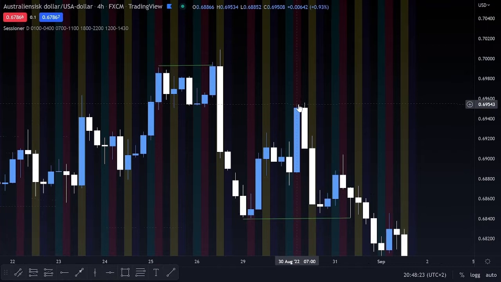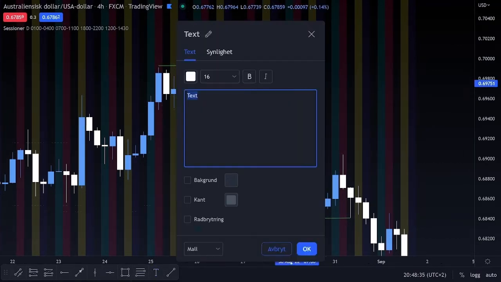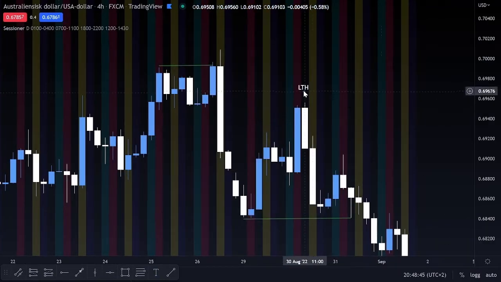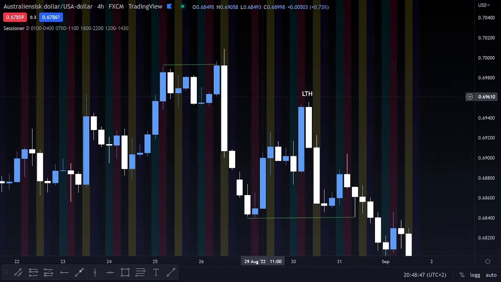This is a high time frame from what I prefer to trade. So to me, this is going to be useful because I don't expect this high to be raided in future price action. So you can just write it down here: long-term high.